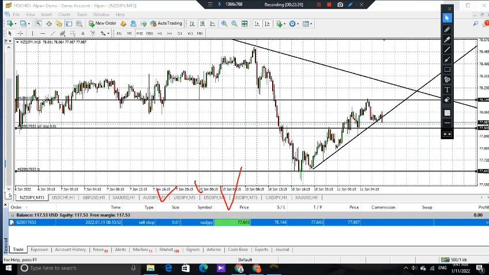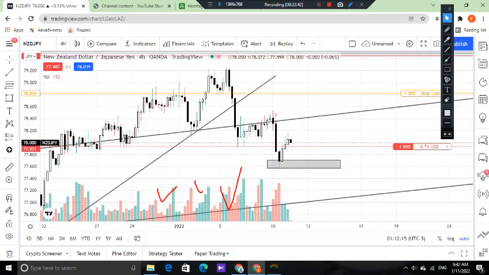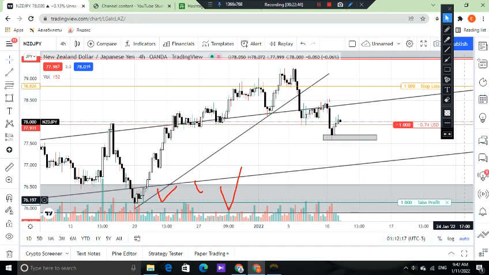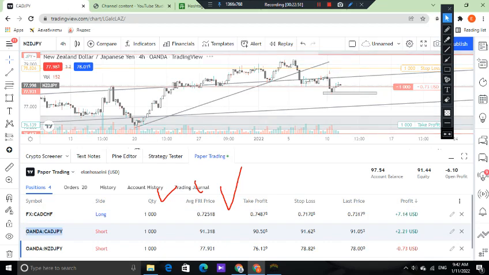So let's get back to work, and I put my stop loss above this top, and my TP at the origin of this pullback, at this trend, whatever. Okay, let's check out another position of mine, and this CAD JPY.